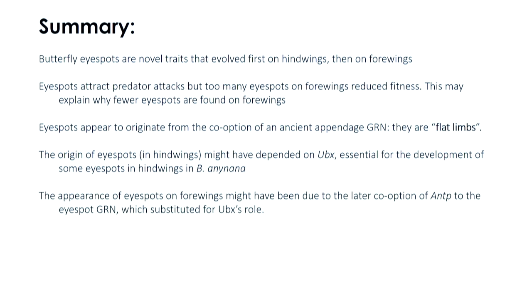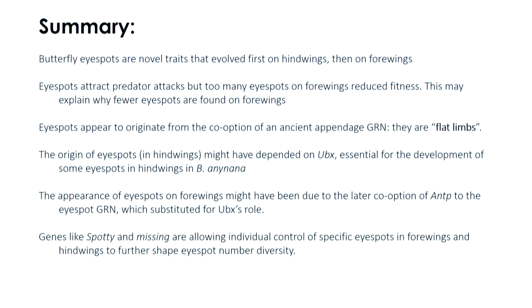And then the appearance of eye spots on forewings might have later been due to the co-option of a second Hox gene that might have allowed the Ubx function to take over the role in the forewing. And genes like spotty and missing are further allowing individual control of specific eye spot number, adding them on forewings and removing them on hindwings.